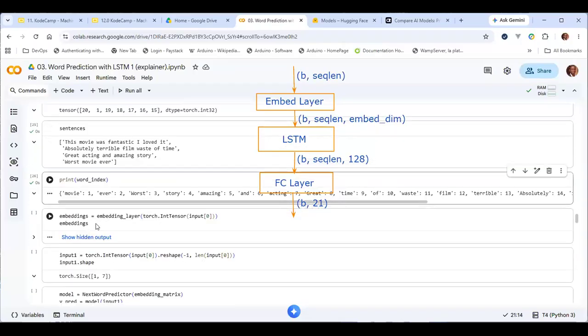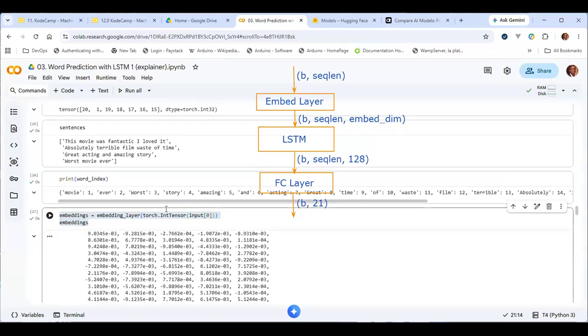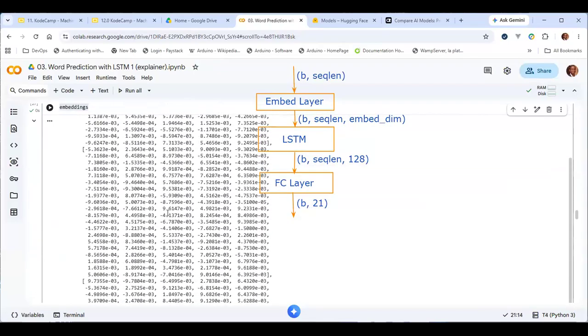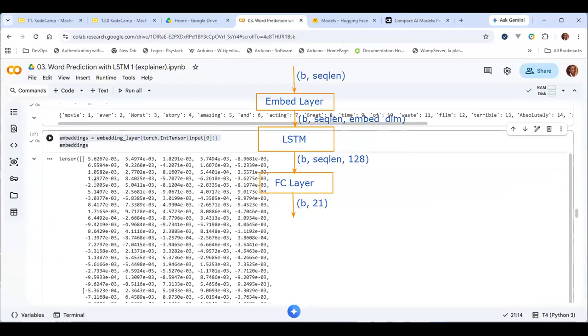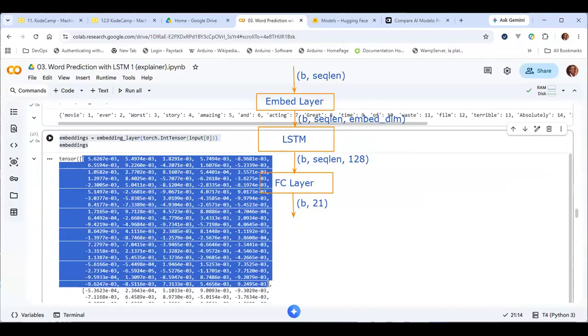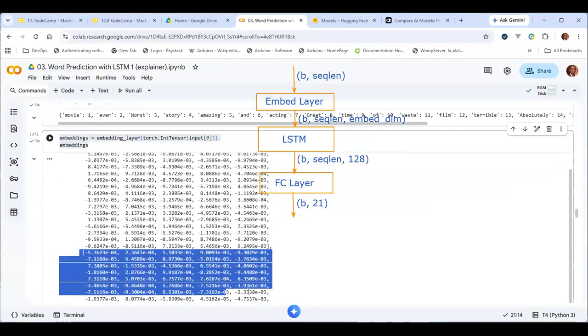Now, if you pass this through an embedding layer, we already had an embedding layer before, you now have a list of numbers where each number represents the full embedding for the first word. And this is the full embedding for the next word.